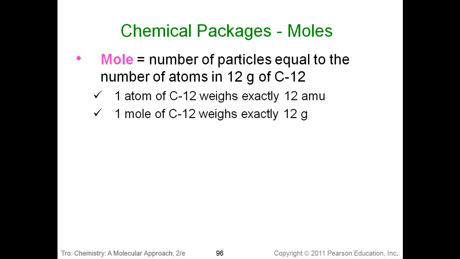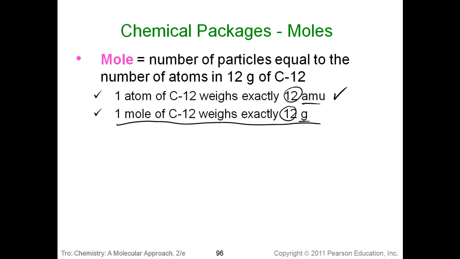Alright, so on this slide, what's very important is we defined yesterday that one atom of carbon-12 weighs exactly 12 atomic mass units. But here's the big one. 1 mole of carbon-12 weighs exactly 12 grams. You say, what's the implication of that? Think about it. The number is the same, all that's changed is the unit.